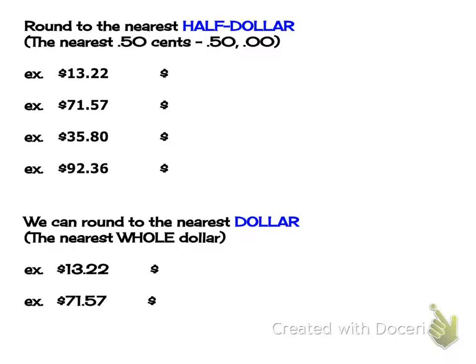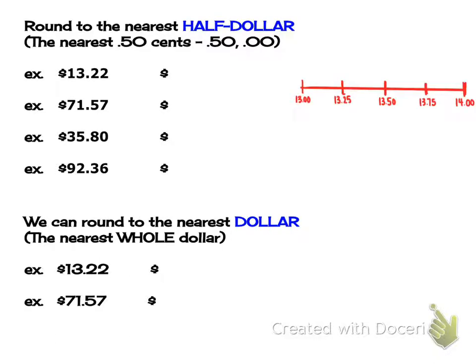So when I'm looking at $13.22, what I'm trying to find out is, is this closer to $13 or is it closer to $13.50? So this is kind of different. What you have to do is use quarters as your reference point.